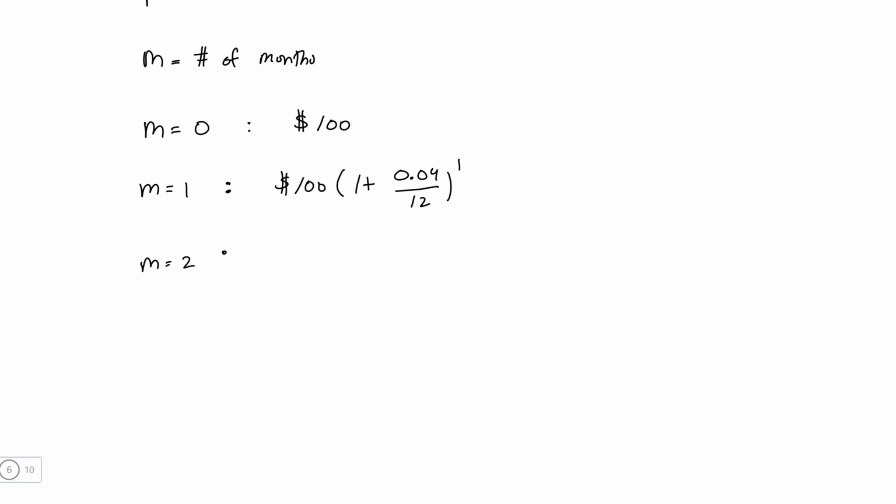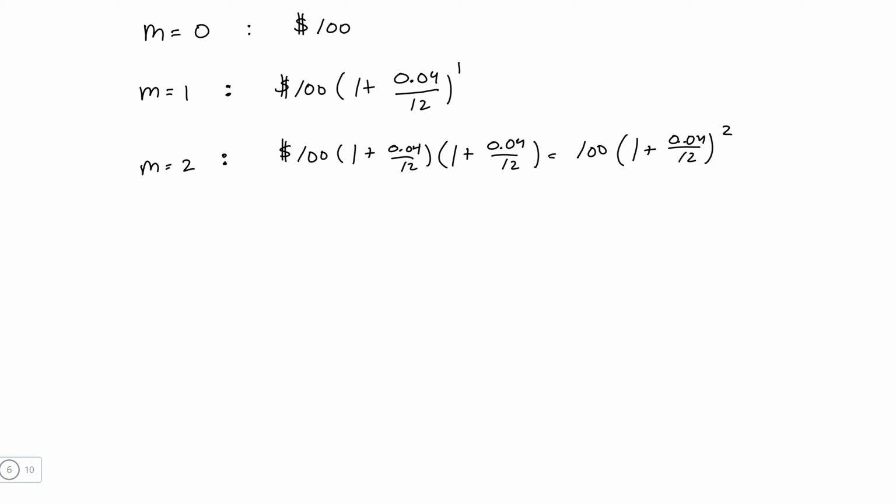If I do 2 months, I take the money I had from the previous month, and I get interest on that as well. So we can see if we continue this, after m months, we have 100 times 1 plus 0.04 over 12 to the m in the account.